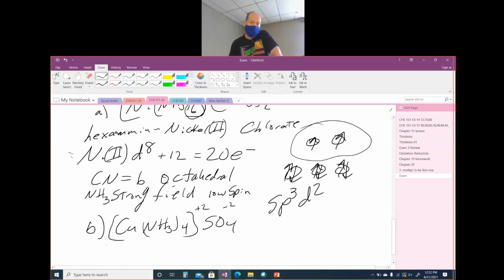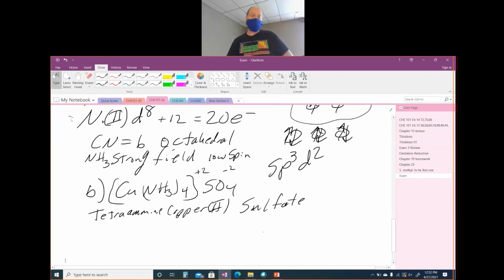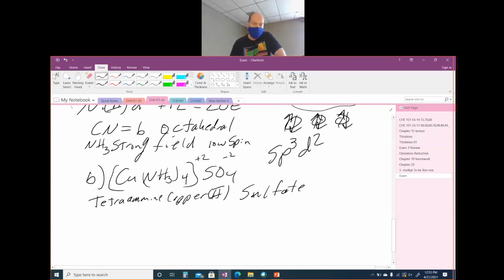And so you have tetraammine copper 2 sulfate. All right, so the sulfate is just a counter ion, so your coordination number is equal to 4.